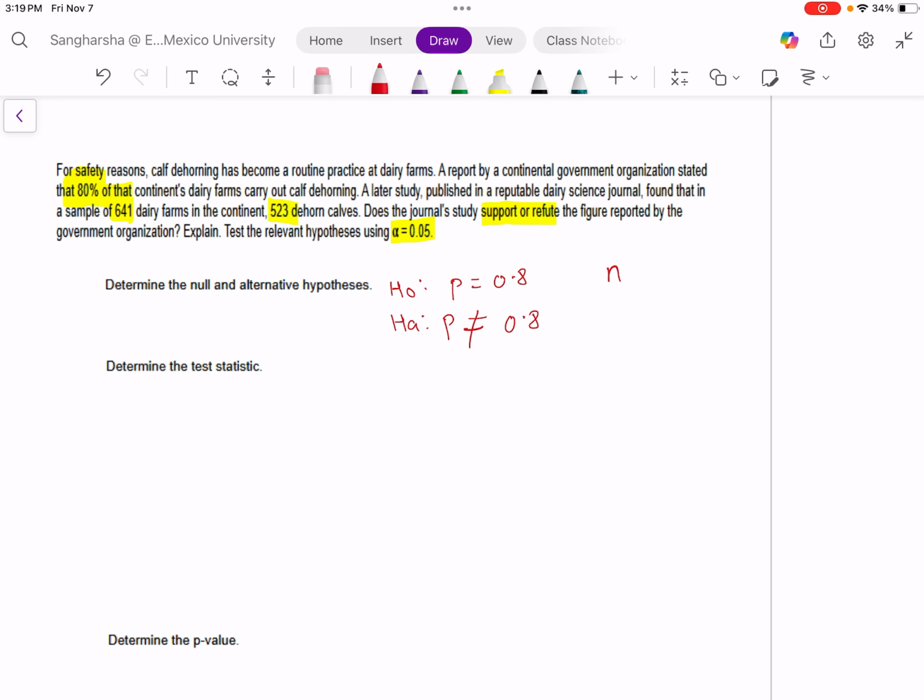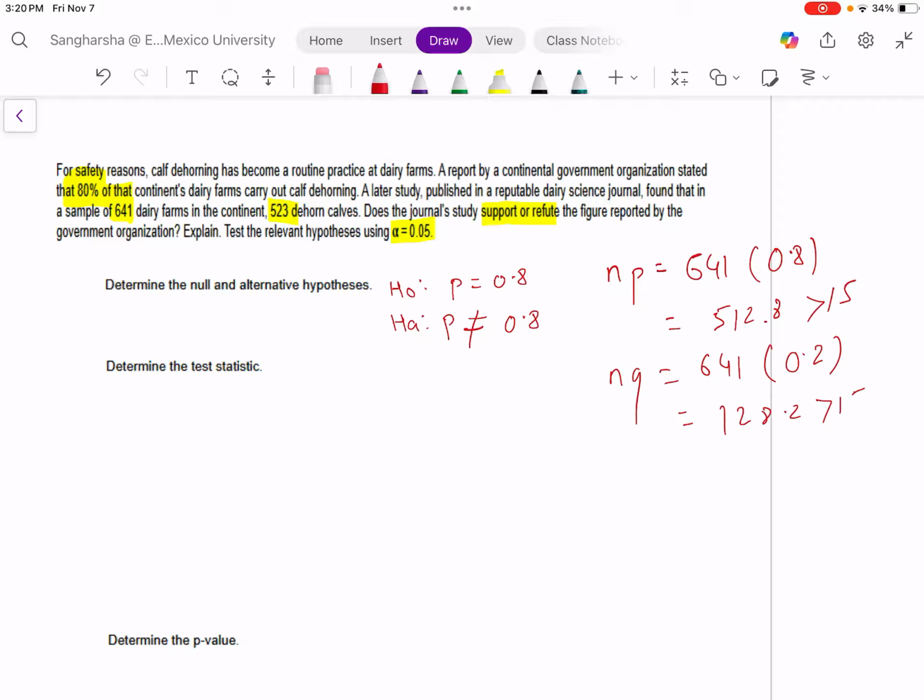Let's check that. n times p is 641 times 0.8, which is 512.8, greater than 15. n times q, where q is 1 minus p, is 641 times 0.2, that's 128.2.